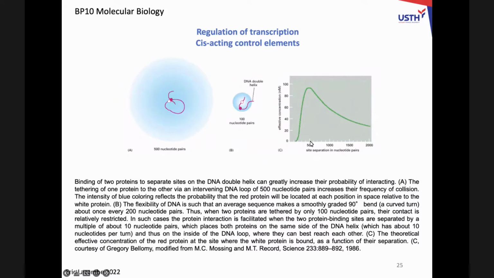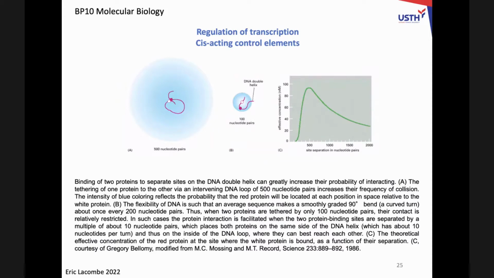So what you can read from this graph is that two sites where two proteins can interact that are separated by 500 base pair. So two sites in the DNA separated by 500 base pair. The bending capacity of DNA is such that if they are separated by 500 base pair, you've got almost 100% chance that because of the bending, they can touch each other. You understand? Or no?